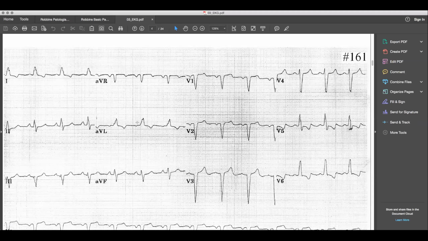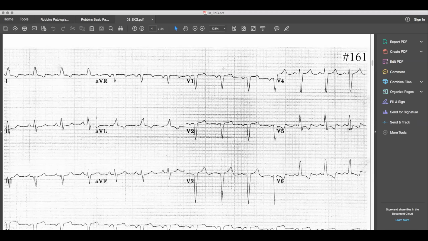AVL, no. AVF, no. V1, V2, V3, yes. So we do see a pathological Q wave in the anteroseptal leads. However, due to the left bundle branch block, we should see QS complex on the right side.